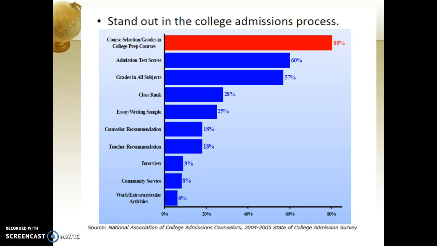What kind of classes did you take while you were in high school? Did you challenge yourself? Or did you take an easy path and take less rigorous courses? That's more important than how you do on the SAT, according to this survey, what your GPA is or your class rank. So it's very important for post-secondary consideration.